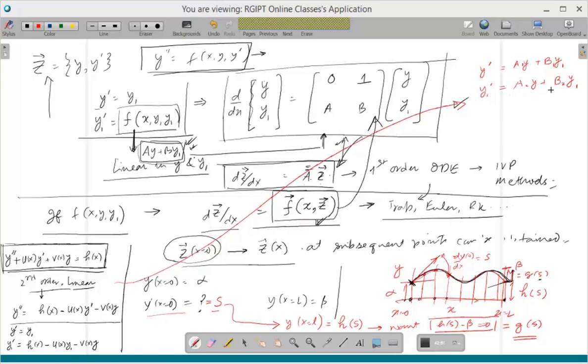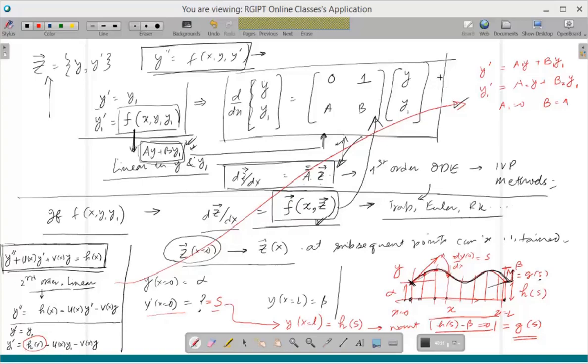Now a1 is 0, because if you look at this expression, I have nothing multiplied with y, so b1 will be 1. Actually there will be an additional h of x, a constant term, but let's assume h of x is 0.